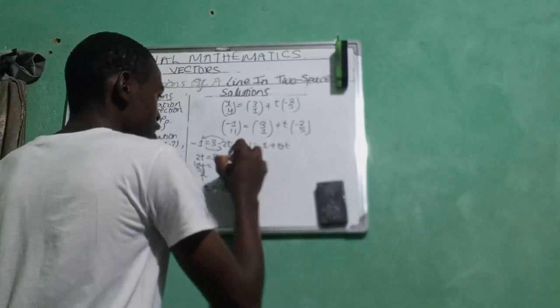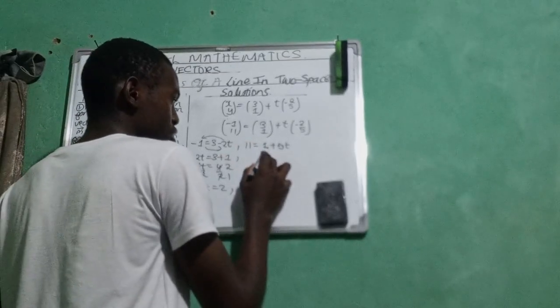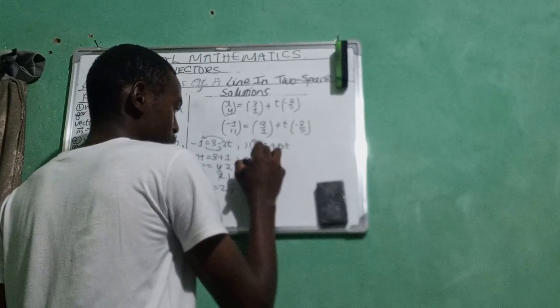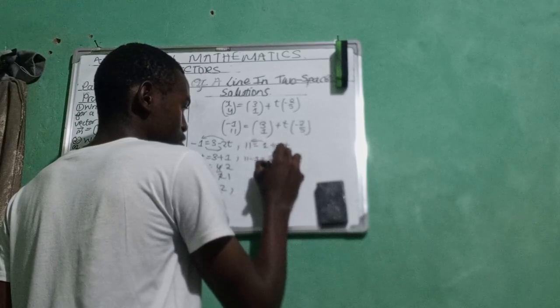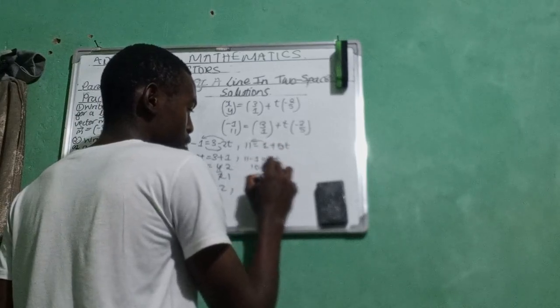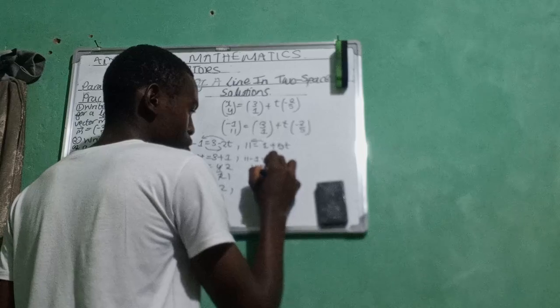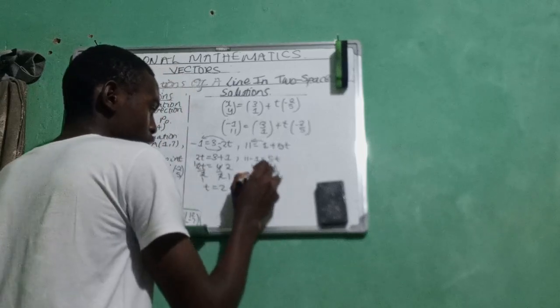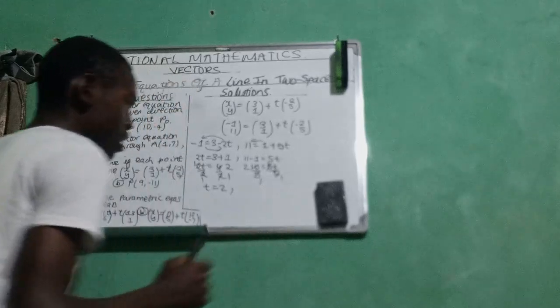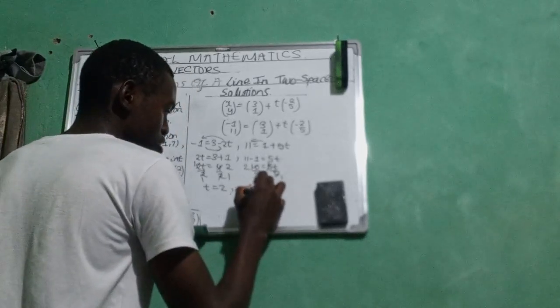And then here, we take the 1 to the other side. It would be 11 minus 1 is equal to 5t. 10 is equal to 5t. You divide by 5. 5 can go into 10 twice. And then t is equal to 2.